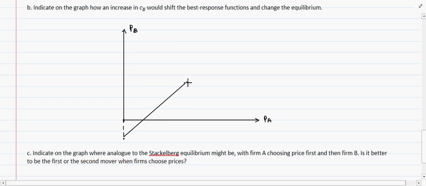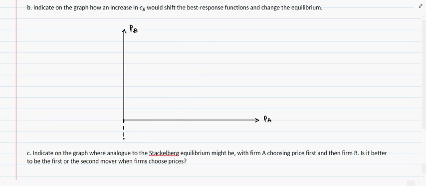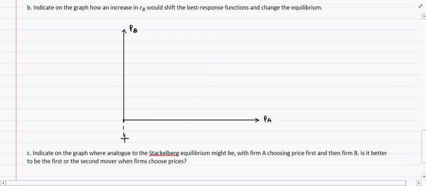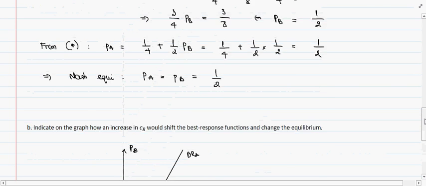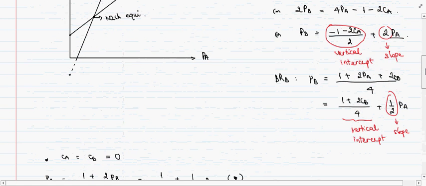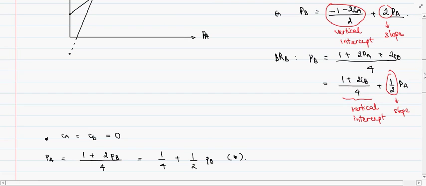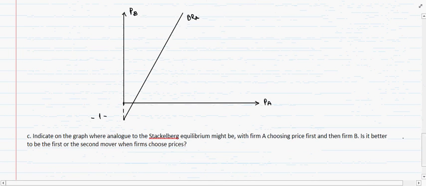Okay, and my best response function will just start from here. So this is, I know that it's going to be equal to -1 plus, minus... So I'll just have to use the value for the intercept, -1 minus 2 CI divided by 2.